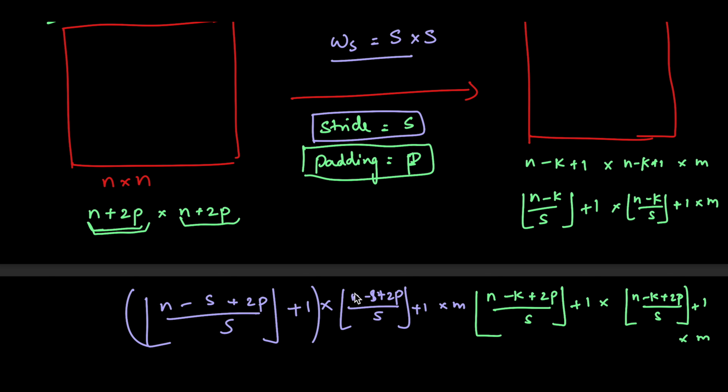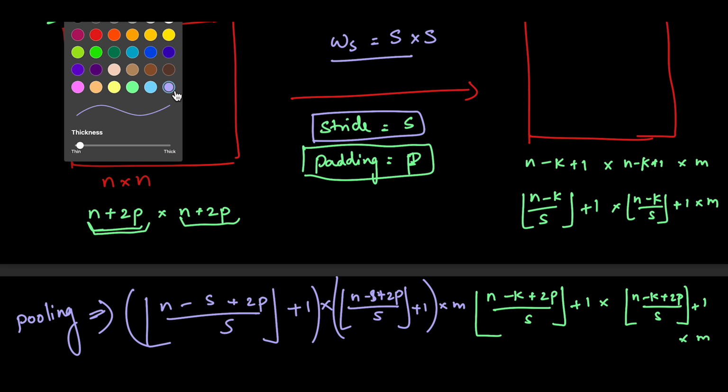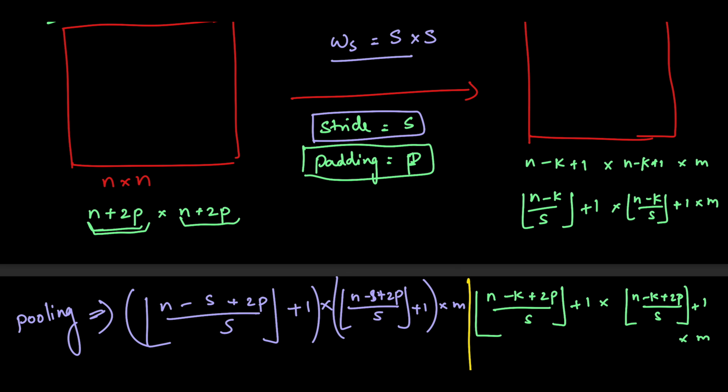That is how we can calculate the output shape in the case of pooling as well. In the case of ReLU, there is no change in input and output shape, but in the case of either pooling or convolution, there is a slight change in input and output. With these formulas, I hope that you will be able to easily calculate how the input and output shape is getting changed.